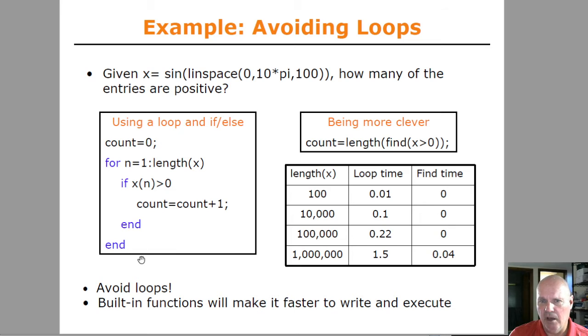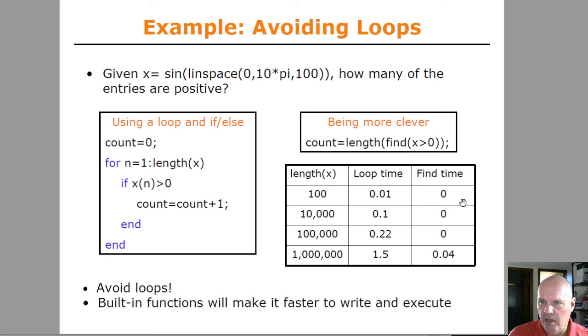So then when we get done, we can display the count value. Another approach is, again, just using find. How many values are greater than 0? This will return a vector containing all the indices, and then the length of that vector is the count.